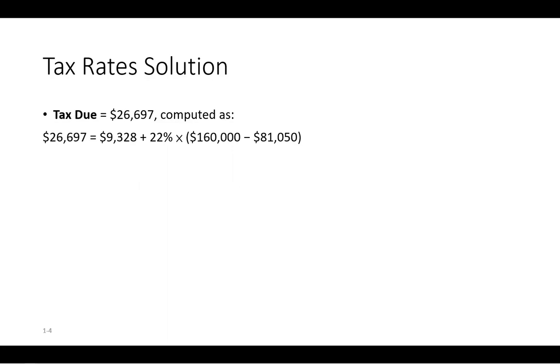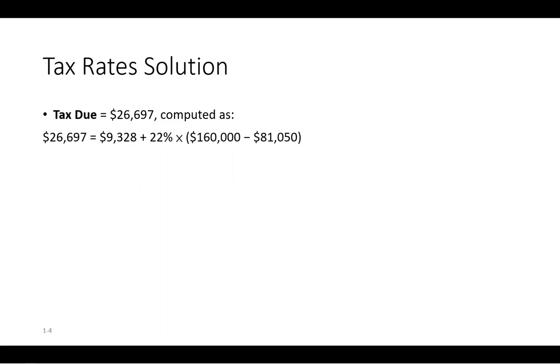Add the $1,990, and you get $9,328. So these tables are saying we calculated any tax that would have been calculated in those prior brackets, the 10% and 12% brackets. So 9,328 is the tax on those prior brackets.